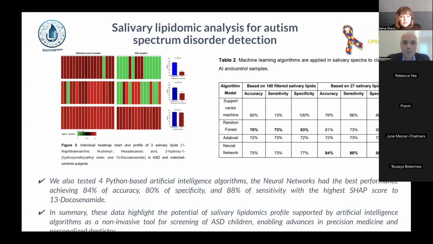And next one, when we sent this data to our artificial intelligence algorithms, these lipids were able to detect autism spectrum disorder with 84% of accuracy. Next one.